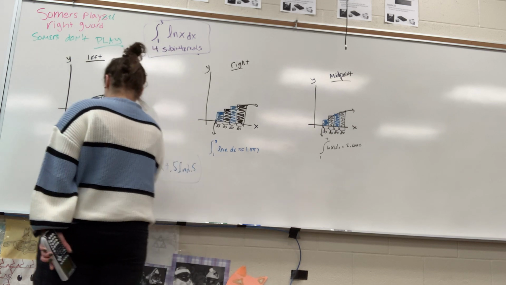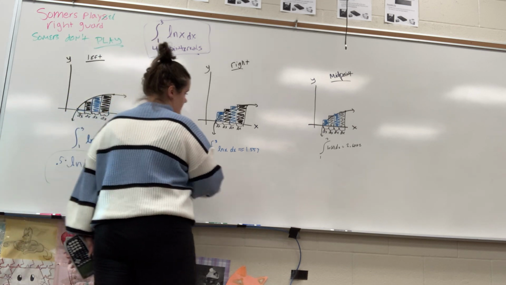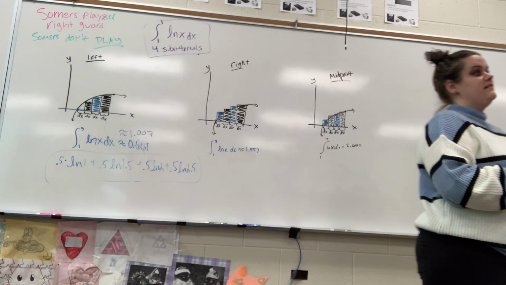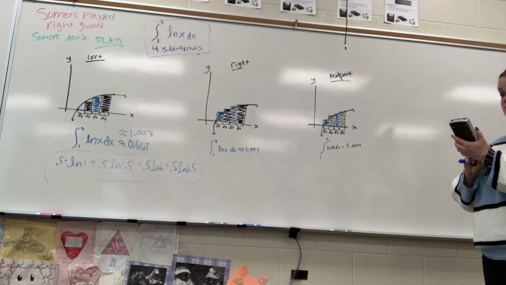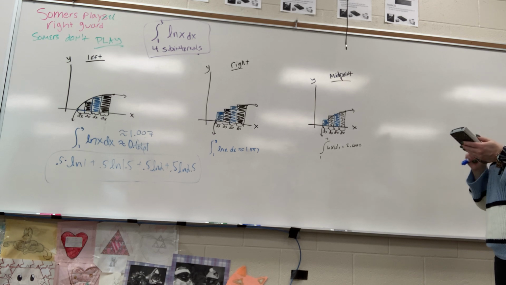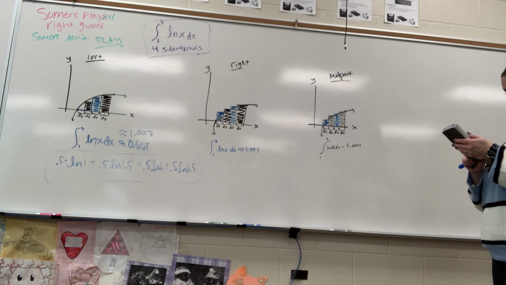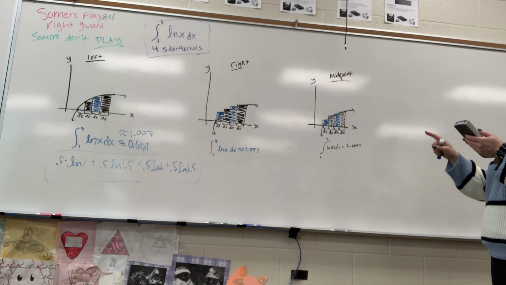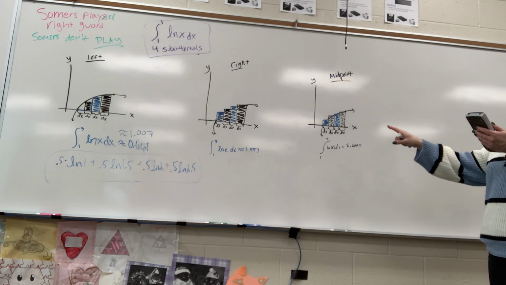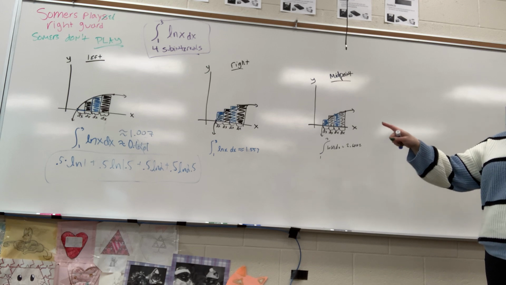The midpoint should be in between the two, and it's not. So there's a little something wrong with all of this. That's what I did on the midpoint one, and that's what I got. Well, the midpoint should be in between the left and the right. Yeah, it should. I got the same thing for the right one. The right one should be correct.